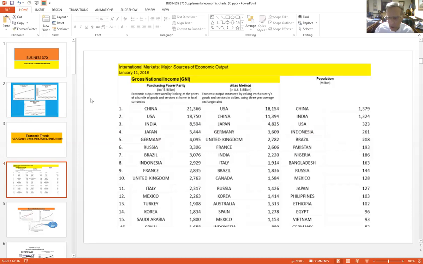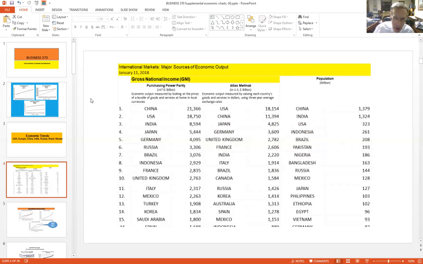Notice that something else has happened, and that is that when we used purchasing power parity, India came in third, not nearly the size of the United States, but nevertheless third. Now, when we look at the bank exchange rates, we see that India is number 7, with an economy valued in US dollars even less than France, the United Kingdom, Germany, and Japan.